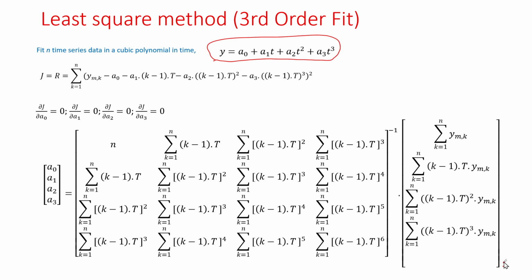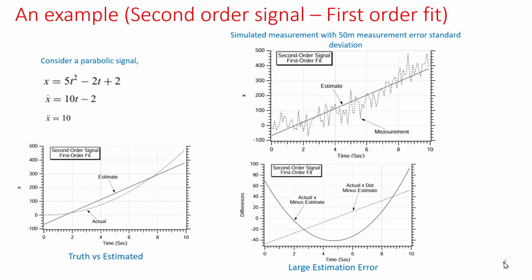Now, as you increase the order, depending on your data points, you can get a fit. How will you know which is correct? I just wanted to give you some examples. Suppose in simulation I am simulating a quadratic, parabolic signal, say x equals 5t square minus 2t plus 2.